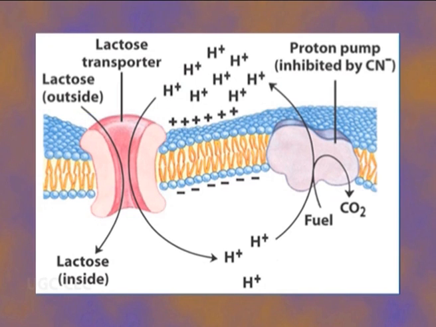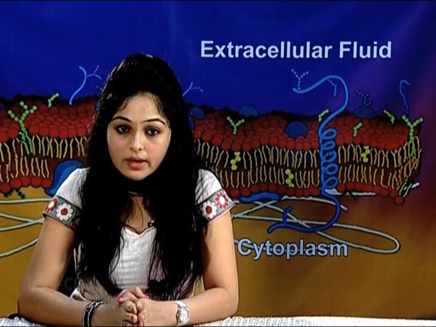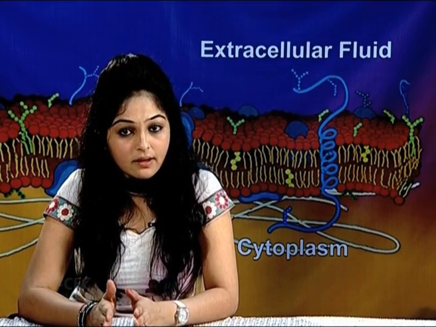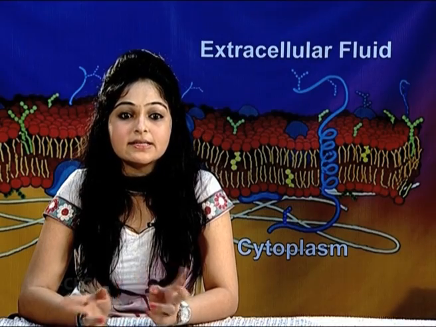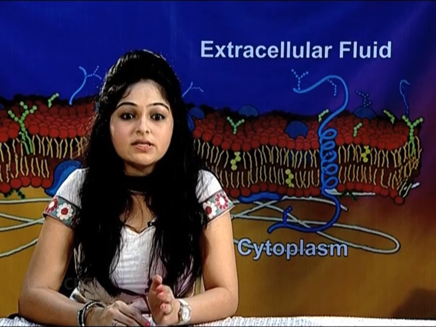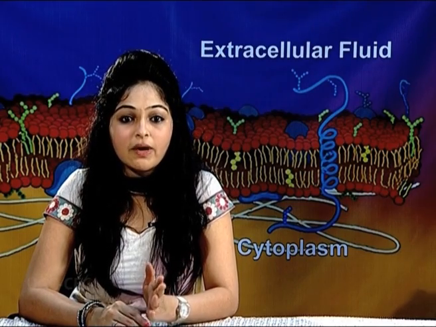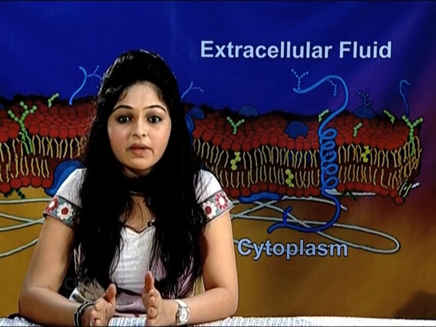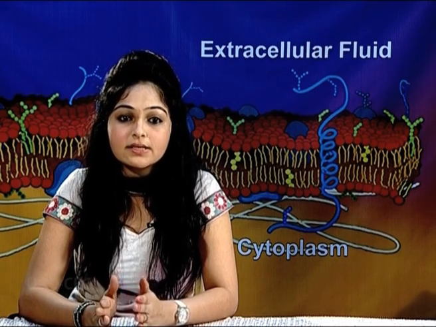Lactose permease is a highly hydrophobic integral membrane protein that contains a single lactose binding site and a single proton binding site. This protein spans the plasma membrane and behaves as if it exists in two conformational states, one in which these two binding sites face the cell exterior and one in which they face the inside of the cell.